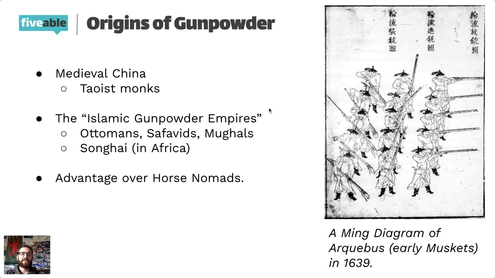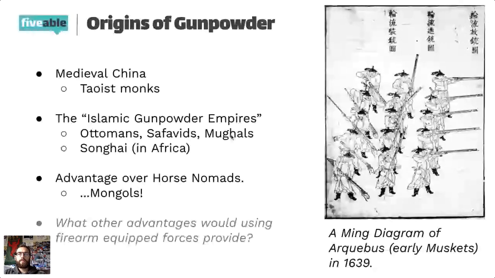That's correct. Now, some of you may know that the Mongols themselves used gunpowder in their later conquests, but for states such as China, who always had to deal with horse nomads, gunpowder was a big leg up, so to speak. It was a huge leg up over these horse nomads who would just devastate their empires time and time again.